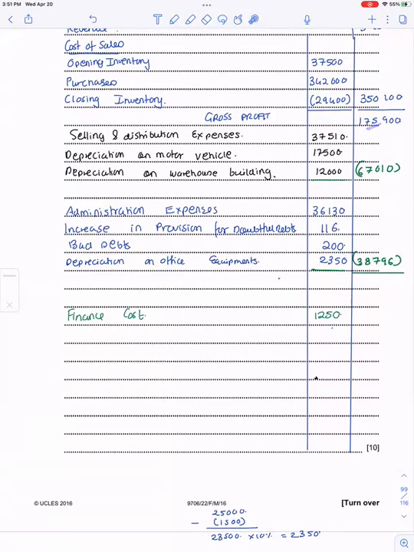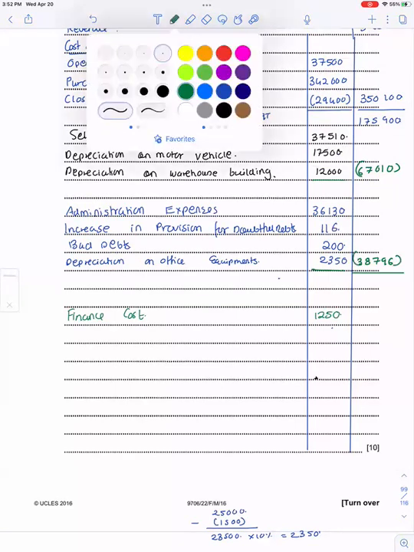Gross profit minus selling minus administrative expenses will give me profit from operations.